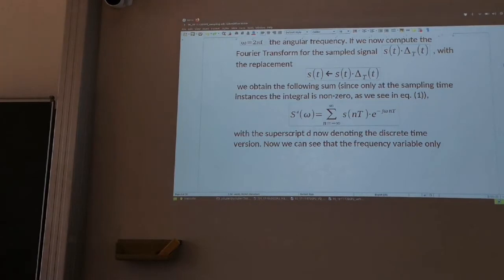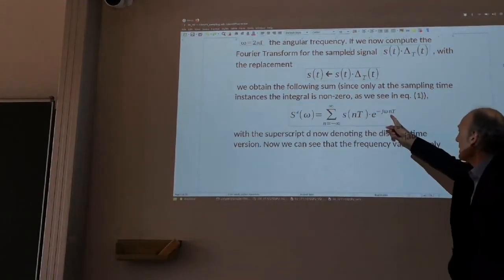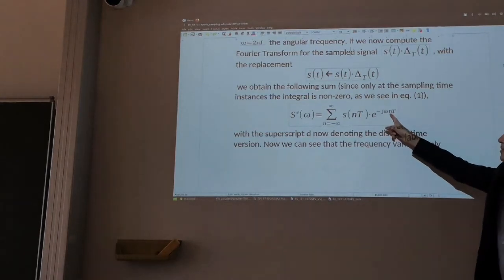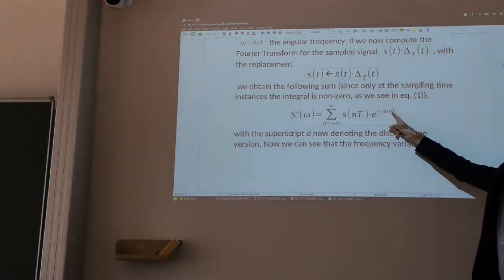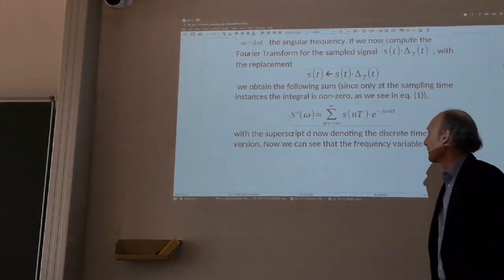And what you also notice is that instead of the continuous variable t, I have the discrete variable n times capital T. So this is now a major difference.